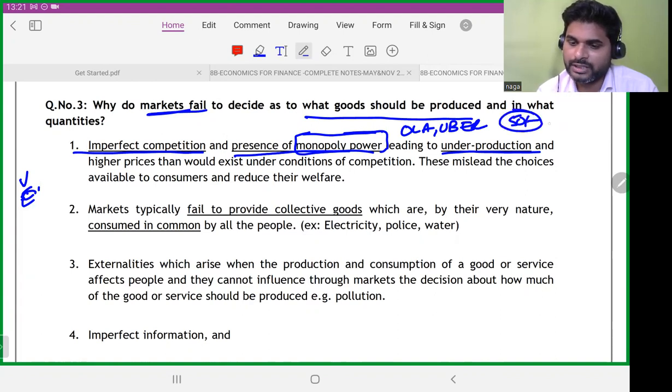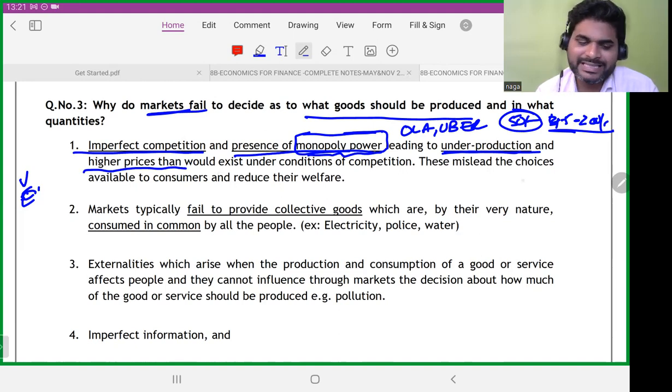Now a ride for 3 kilometers or 4 to 5 kilometers easily costs 200. How could this happen? Because now all other players are not there in the market and they are exercising monopoly. What would happen due to this? Either underproduction and higher prices than would exist under conditions of competition.